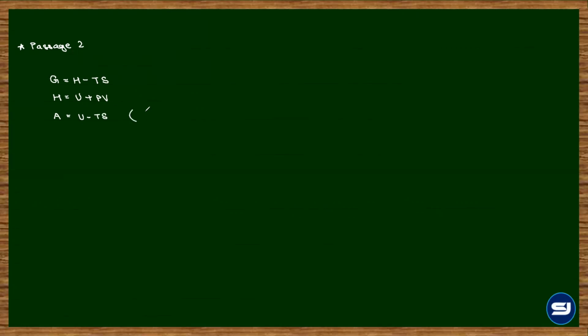Now A is called Helmholtz energy or free energy. जो गिब्स एनर्जी है दैट इज H माइनस Ts, मतलब डिपेंडेंट ऑन एंथैल्पी एंड एंट्रोपी. बट व्हेन यू राइट दिस रिलेशन इन टर्म्स ऑफ इंटरनल एनर्जी एंड एंट्रोपी, देन इट इज कॉल्ड गिब्स हेल्महोल्ट्ज फ्री एनर्जी. ठीक है, जो ज़्यादातर यूज़ करते हैं दैट इज दिस पर्टिकुलर रिलेशन ऑफ H माइनस Ts.